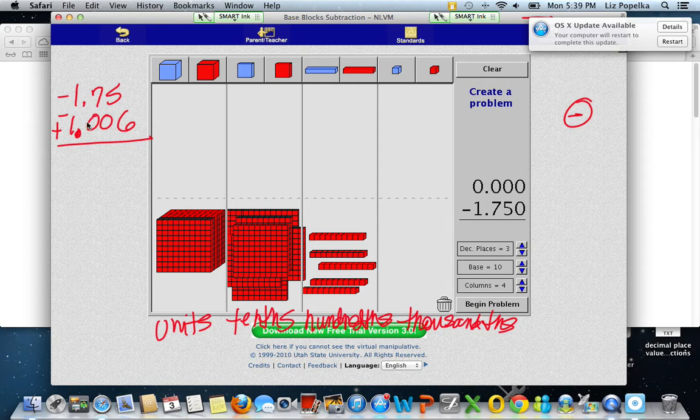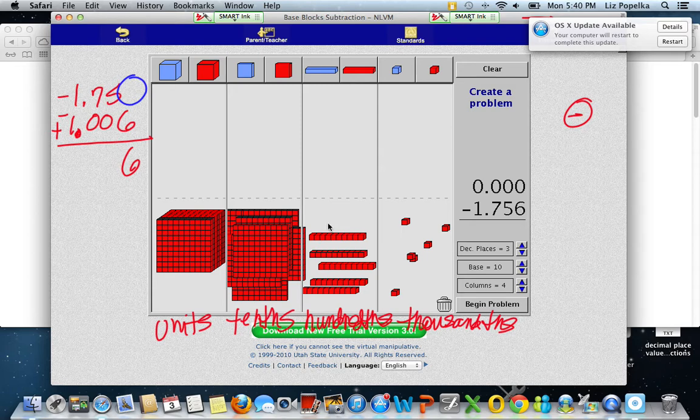First of all, just like we do with regular decimals, we add from right to left. Right now, there's nothing in the thousandths place of the top number, but we are told to add to that 6 thousandths. So I'm going to add 1, 2, 3, 4, 5, 6. Now what the algorithm looks like is I started out with none, then I added 6, so now I have 6.